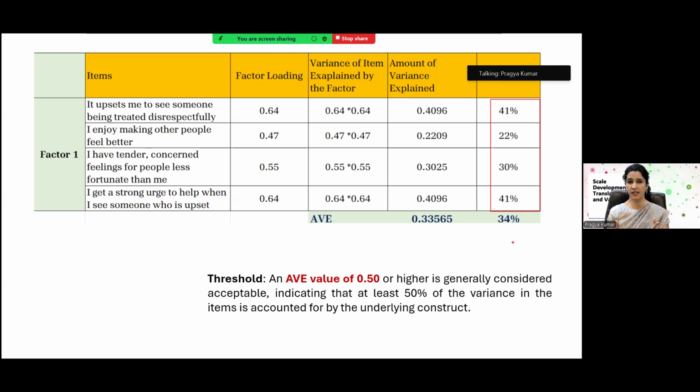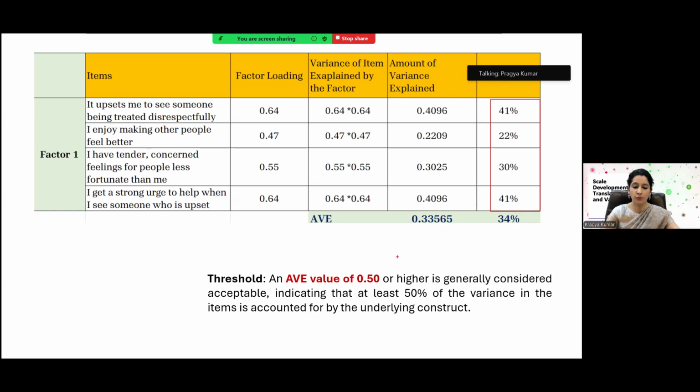Even if you purchase it, it is not very user friendly. There are many plugins, and Dr. Shamshad also tried, and I was also there. We tried, but we did not find it very user friendly. So that's why we are now onto JASP for confirmatory factor analysis.